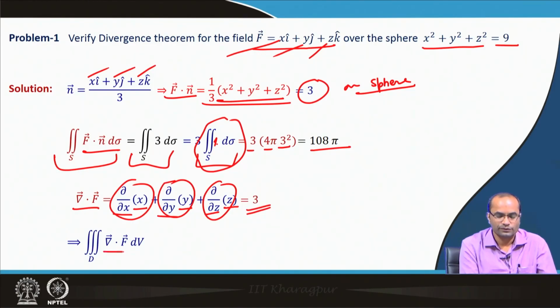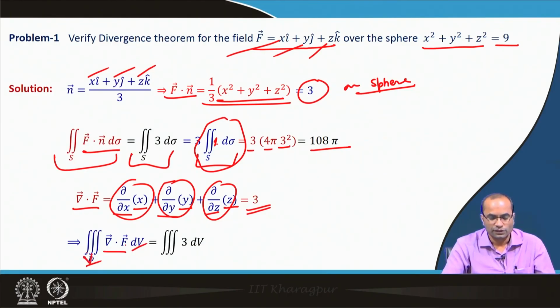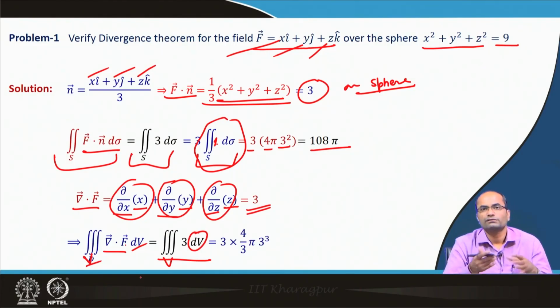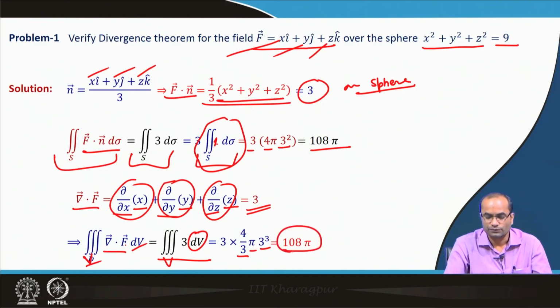And now we can compute the other side integral of this divergence theorem, which is the divergence of f integrated over the volume V. So, this is exactly 3 times this integral over the volume V. 3 is again the constant, and this triple integral will give the volume of the sphere, which is 4 by 3 pi r cube, and again if we see, this is coming to be 108 pi.